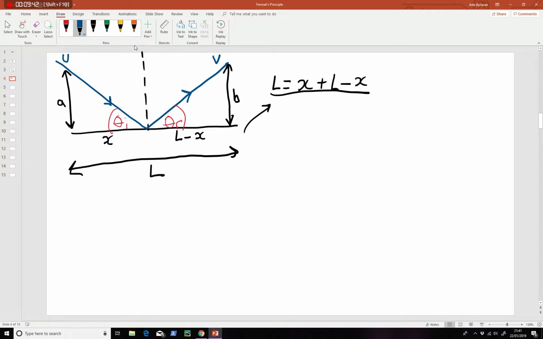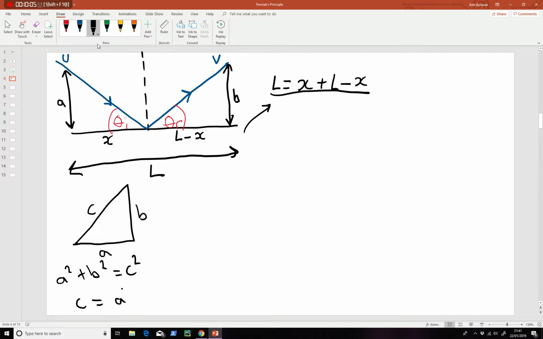So trigonometry says that if you have a triangle with a side A and a side B and a side C, which would be the longest side, aka the hypotenuse, then A squared plus B squared will equal C squared, such that C equals the root of A squared plus B squared.